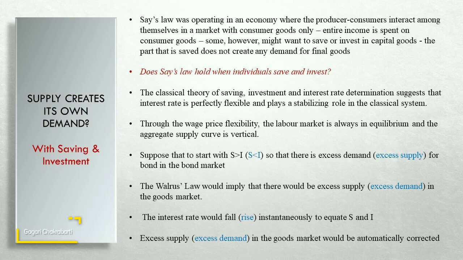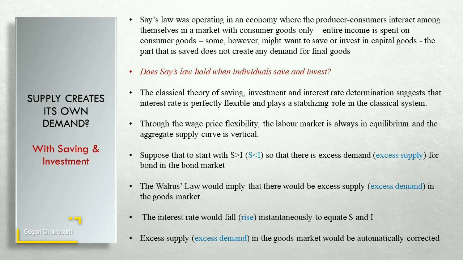Further criticism was raised against Say's law, and the question was raised: does Say's law hold when individuals save and invest? Say's law was operating in an economy where the producer-consumers interact among themselves in a market with consumer goods only. The entire income is spent on consumer goods.